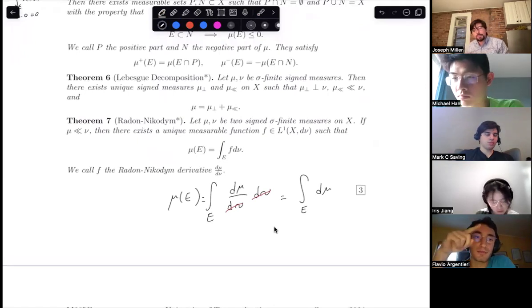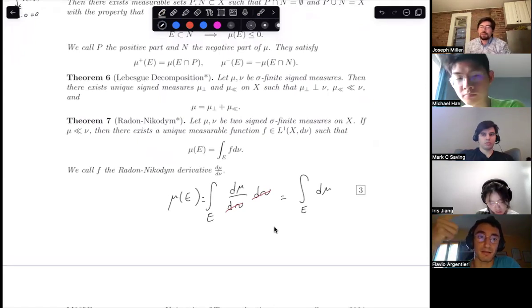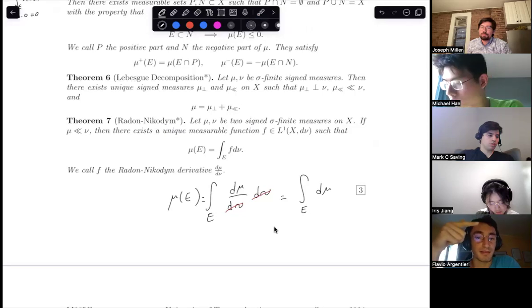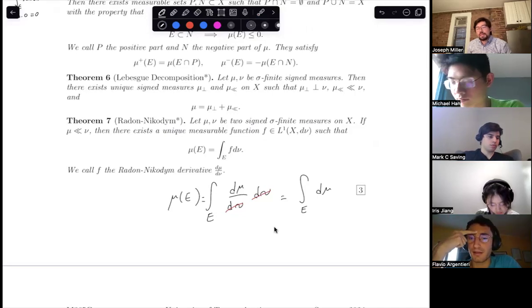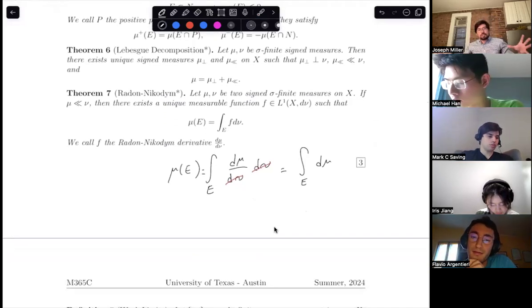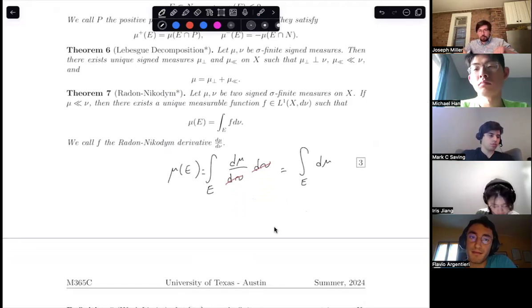Like if the measure mu on the whole X is infinite, but the measure is sigma finite, then the integral of f d nu should be infinite, right? Yes. Usually these things should make sense for finite measures, if both mu and nu are finite.